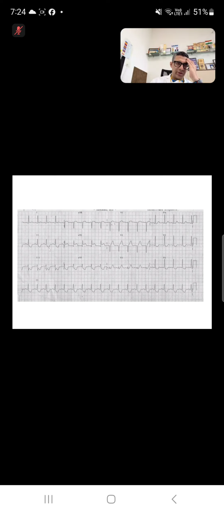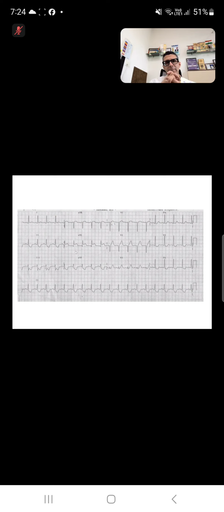L3, because of the ST, there is confusion, but in L2, L3 it appears as if the T wave is flipped. It is inverted. AVR, AVL, it's okay. AVF, again, it appears as if it is flipped. V1 to V6, T wave appears almost normal.